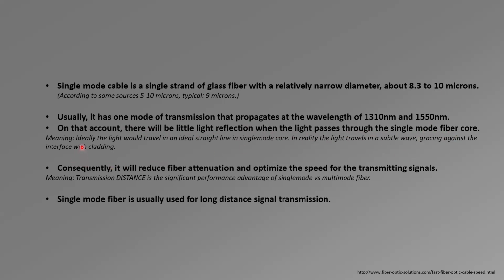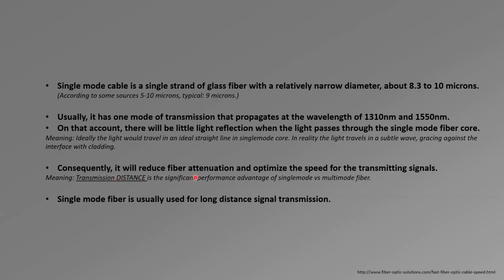Mouthful, meaning ideally the light would travel in a straight line. So in a single mode, there's one single beam that travels in a straight line. In reality, it kind of waves a little bit, grazes around the interface with the cladding. But for our purpose, we're considering that to be a straight line.